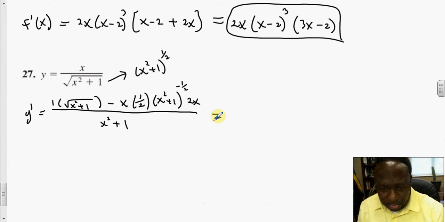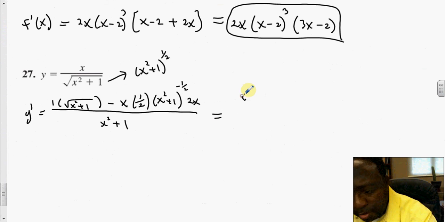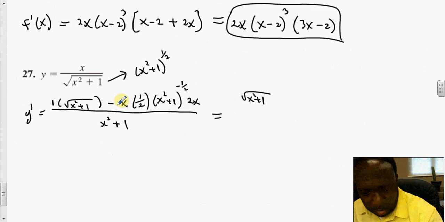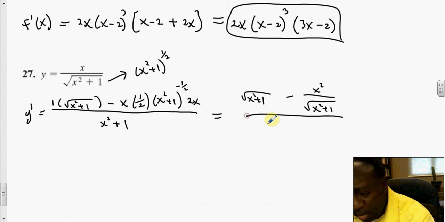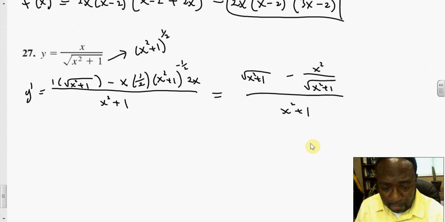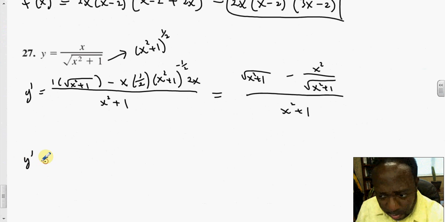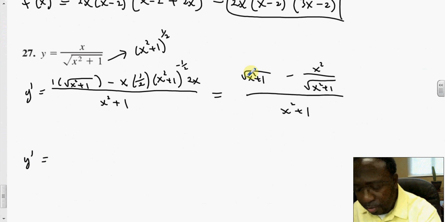And we simplify this. We have the square root of x squared plus 1. See, the 2 divided by 2 is canceled out. This is x squared over the square root of x squared plus 1. That's all over x squared plus 1. And we continue to simplify that. So y prime is equal to, combine these two terms. Here's a fraction. We're going to subtract the two fractions.